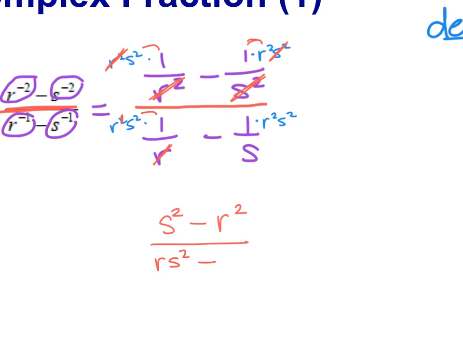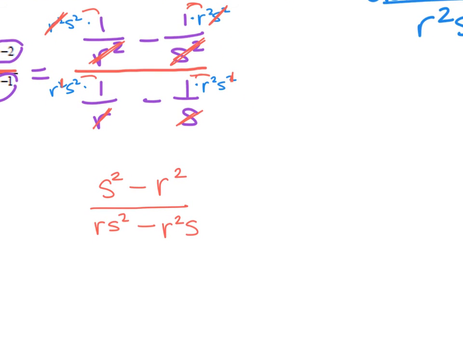Minus, right here, this s is going to cancel away one of those s's. So this turns into s to the first power. And multiply that by 1 and you just get r squared s. Okay, so we just took a pretty complicated looking problem and now it just looks like this. So much better to work with, I think.